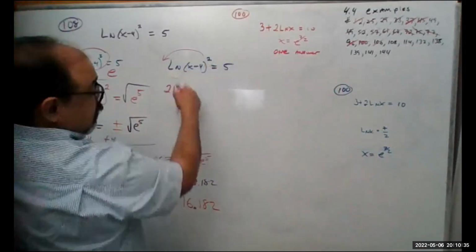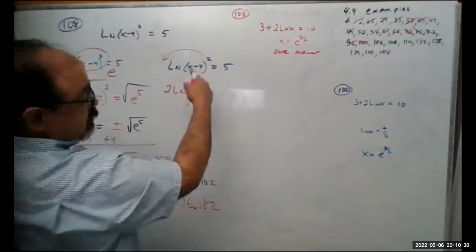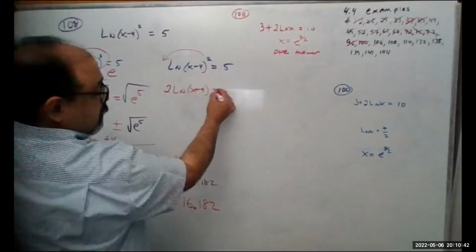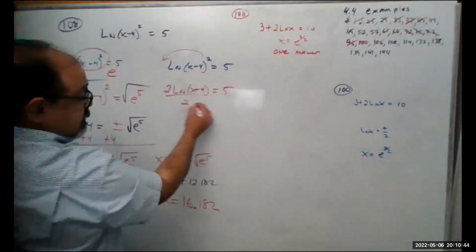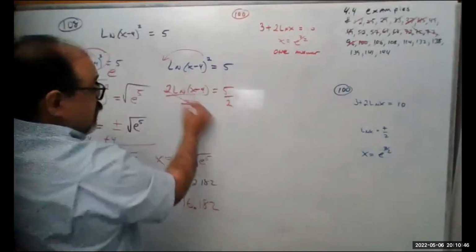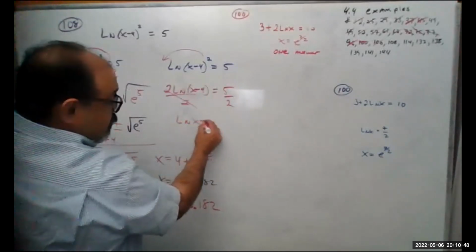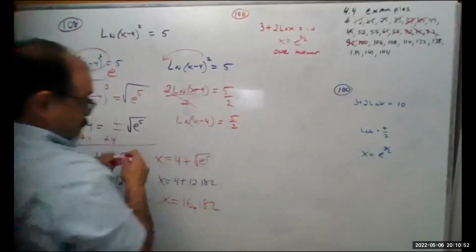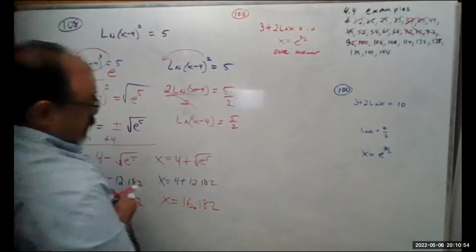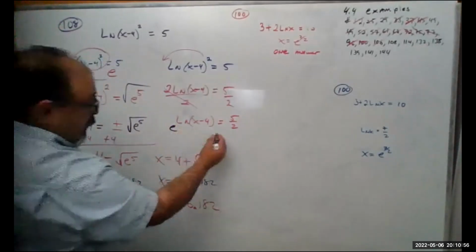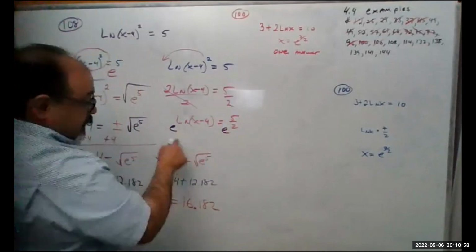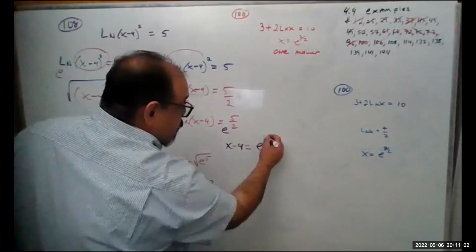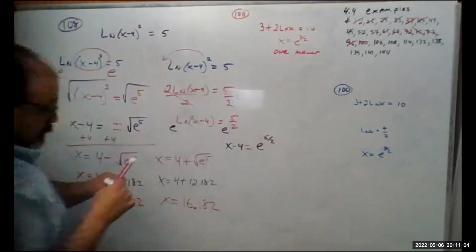When you bring the 2 down, you're taking away the square root aspect. This is still valid work, but you're going to lose an answer. 5/2. So now when you exponentiate both sides, you're going to get x minus 4 equals e to the 5/2.